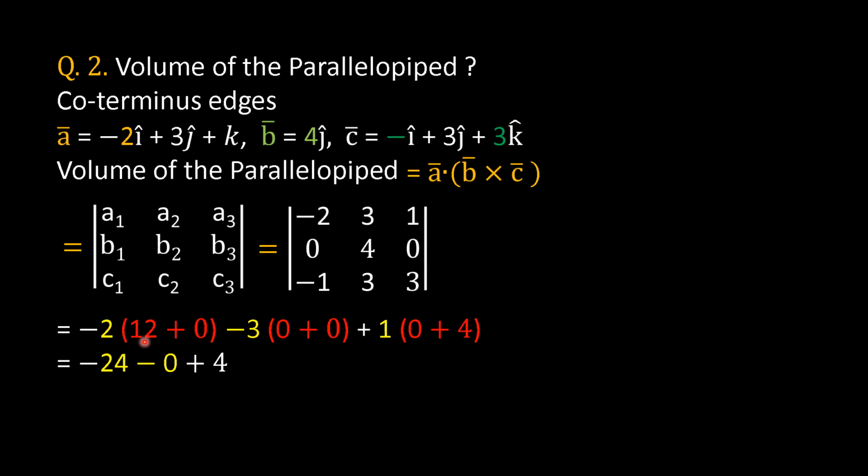It will be 12 multiplied by minus 2, minus 24 minus 0 and plus 4, which will be minus 20. Here the volume of the parallelepiped is negative, but we have to consider its absolute value. Therefore, volume of the parallelepiped will be 20 cubic units.